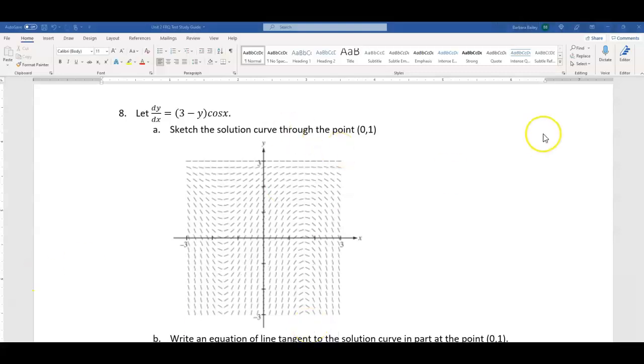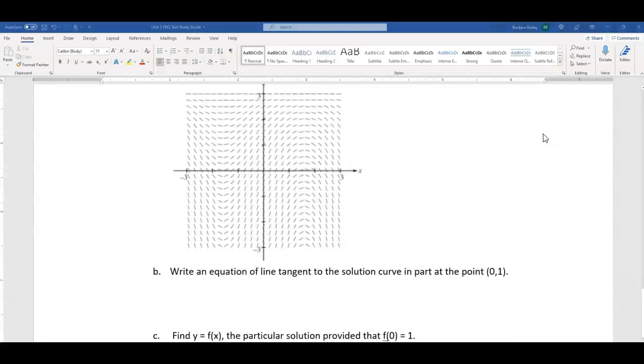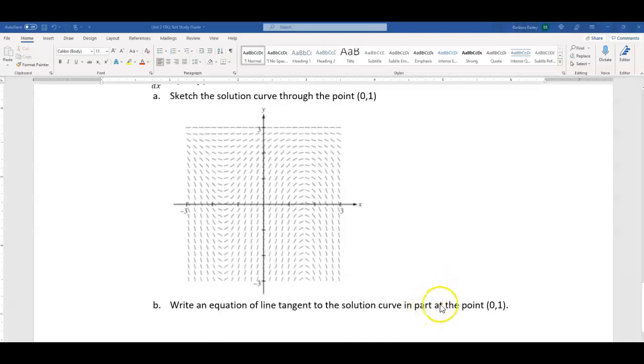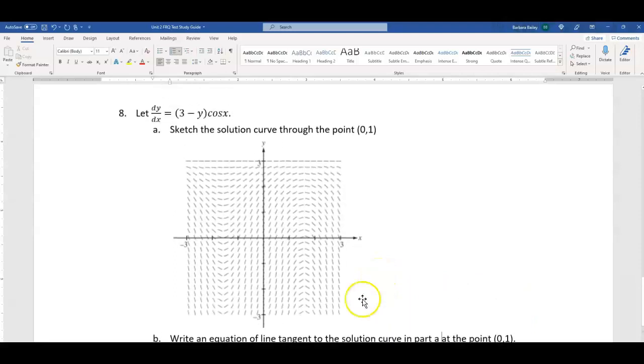Let's go ahead and take a look at part B. So write an equation of the line tangent to the solution curve in part A. That should say part A. At the point 0, 1. All right, so we want it. This is actually a unit 1 question, writing a tangent line.